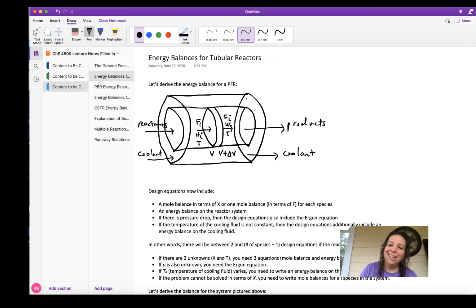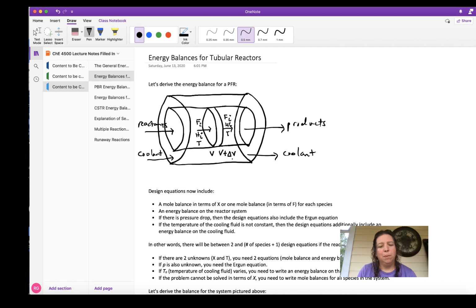My inlet condition, where I start my integral, is here, whereas in the co-current case it was here, and where I end my integral is now here, whereas in the co-current case it was here. So I really just have to write the same balance, but now I'm going to switch the limits of integration.